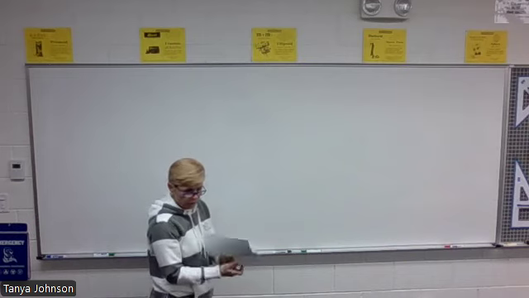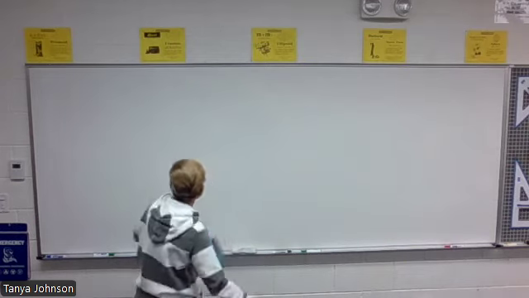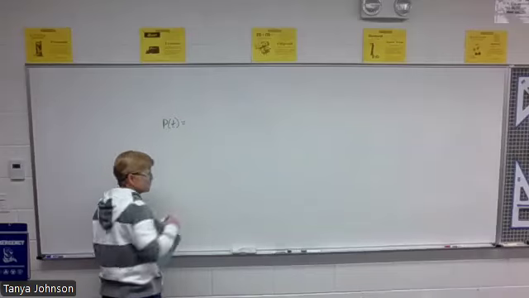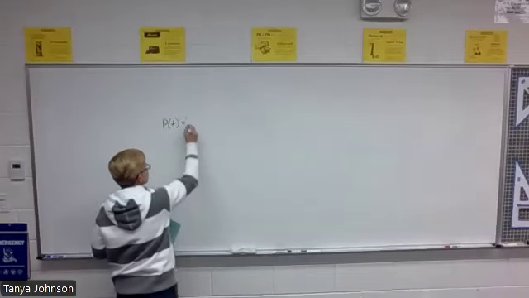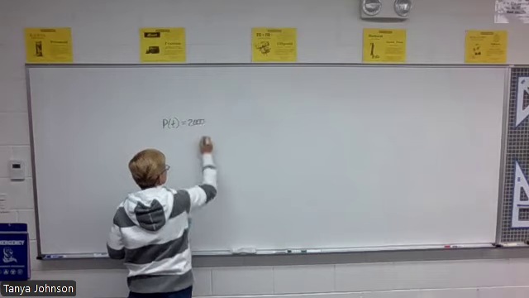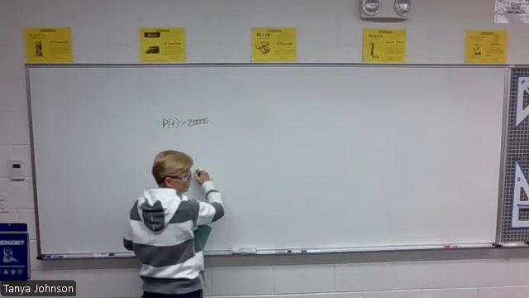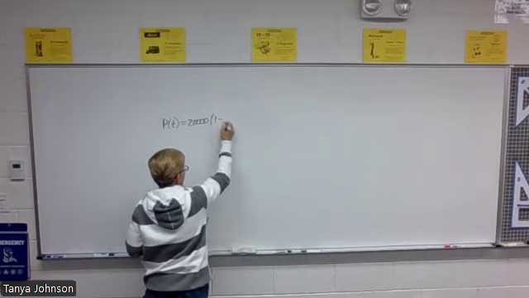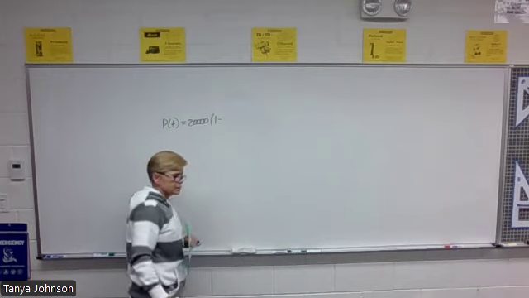Everybody know the equation for this? Population as a function of time is equal to, anyone? 20,000. Good. We go the 1 minus what your number was. I forgot what it was. It was 0.97%.